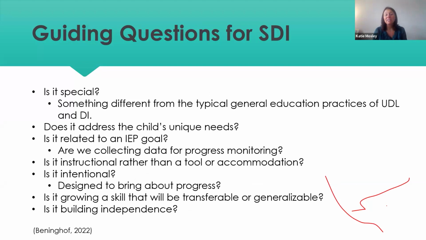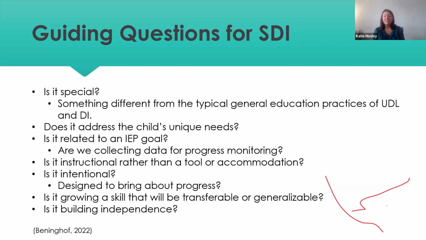It must be something different from that typical general education practice. And then again, we're looking at addressing the child's needs, the child's unique needs. It has to be related to the IEP goal, like we said on the previous slide, and again, being instructional.